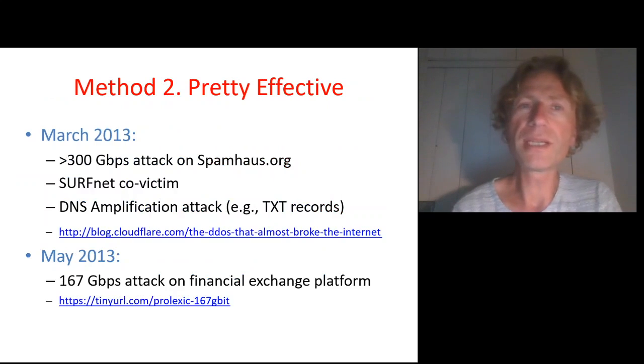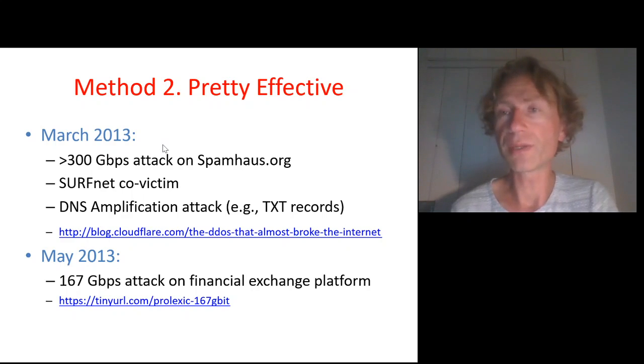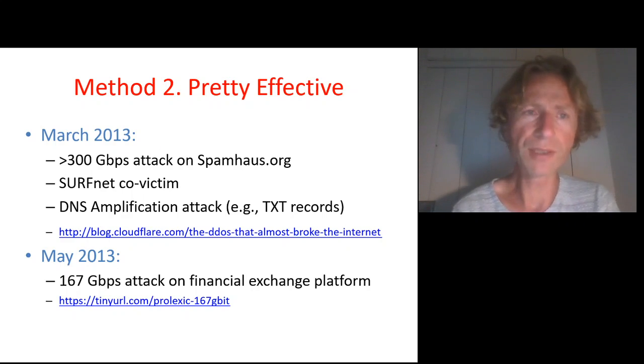So the amplification attacks are quite effective also. We've seen hundreds of gigabits attacks as early as 2013. That's still huge amounts of traffic with these amplifications.